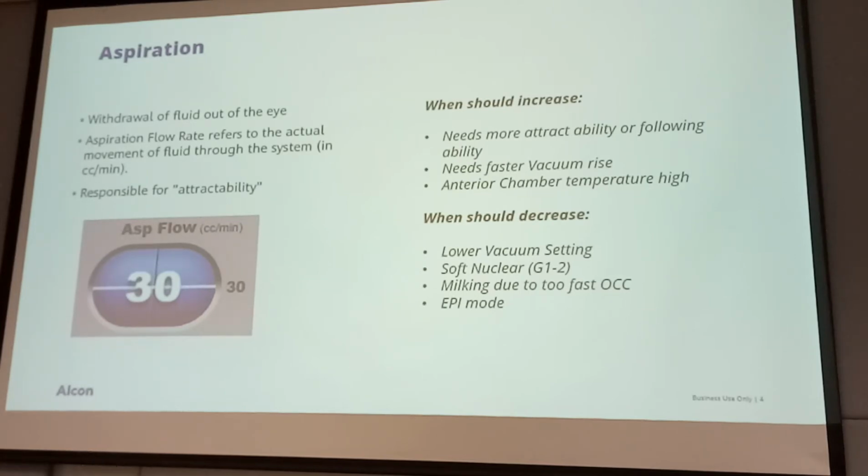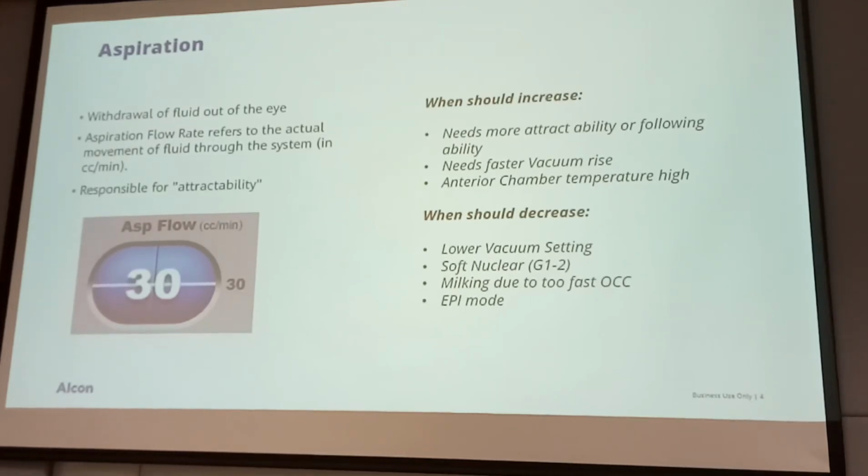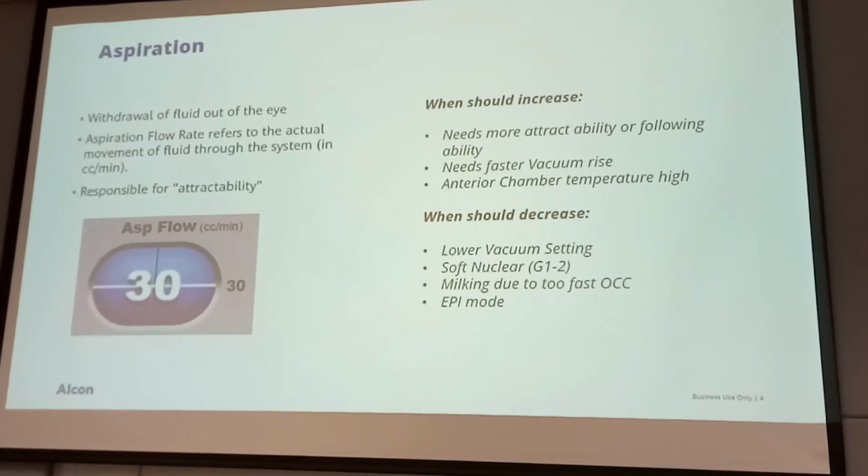But if we increase aspiration, the nucleus will be held too much, and there's still no space for aspiration. At that time we need to decrease the aspiration to let the nucleus loosen a little bit, to have more aspiration and have the milking material absorbed, right? So this is the opposite of our thinking. Also the EPI move to keep safety, okay?